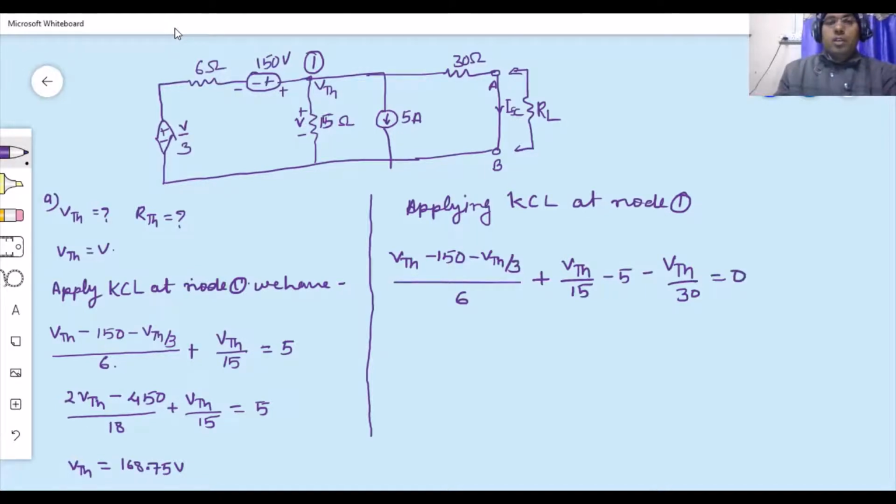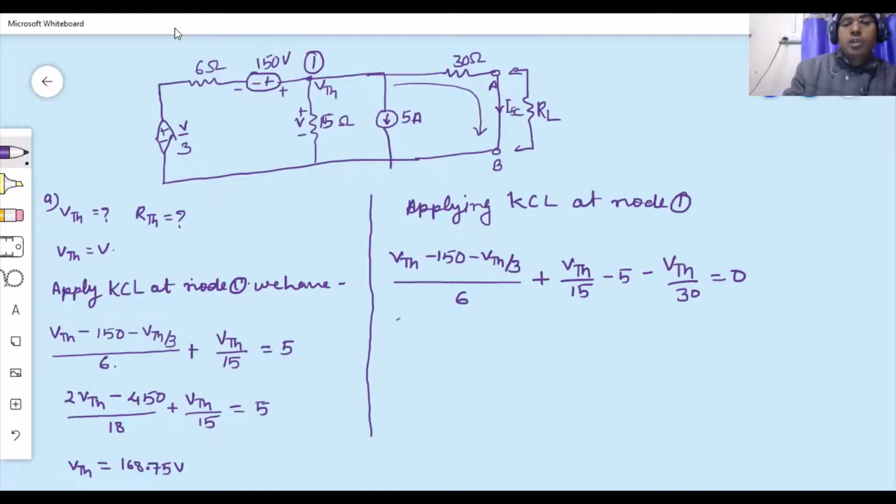Now, by observing this circuit, we can see that the ISC is nothing but the current flowing through this branch, and the current through this branch is VTH by 30. So we need not calculate the whole equation. We just calculate VTH by 30.